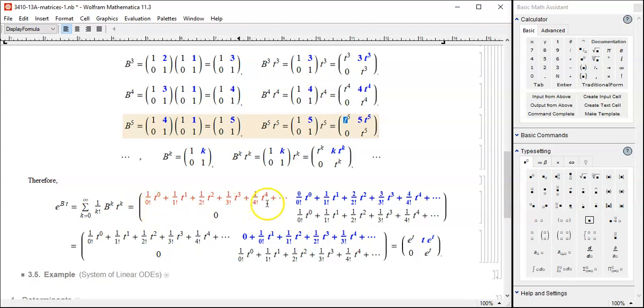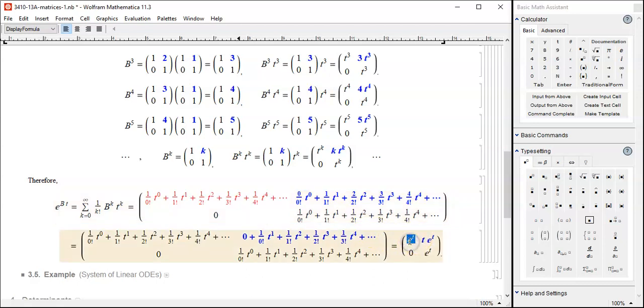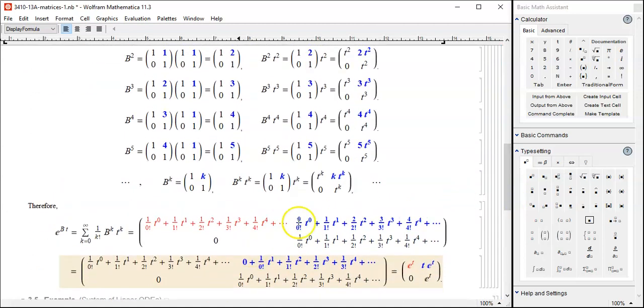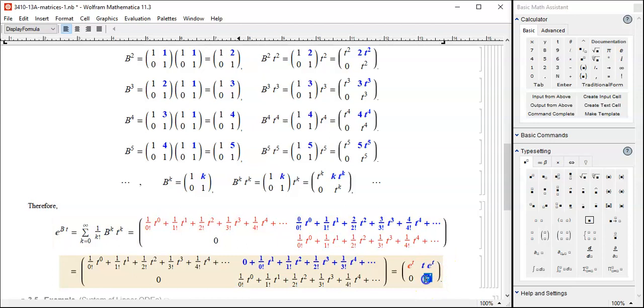And of course, denominators are all factorials. So clearly, this whole thing will give me e to the t power. Just by looking at 1, 1, and 3, no problem there. And 2, 2, and 3, exactly the same deal. I don't have to even think about 2, 1, and 3.